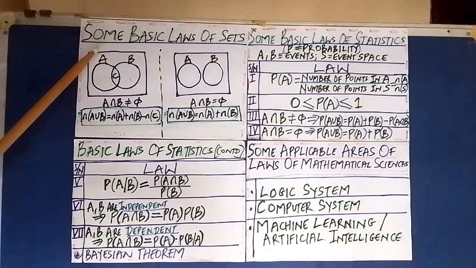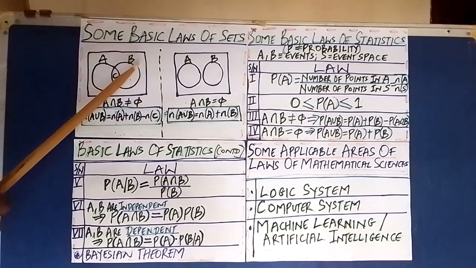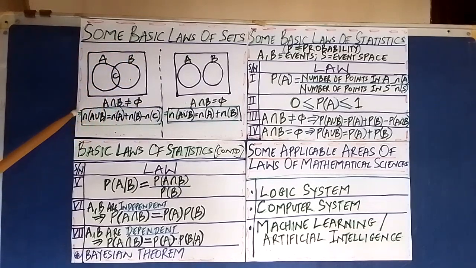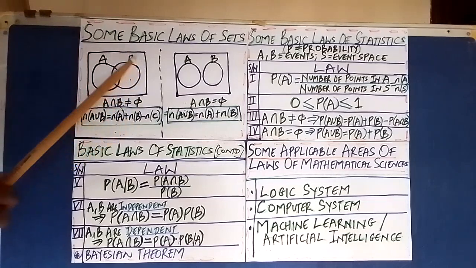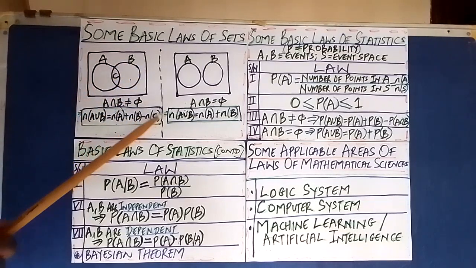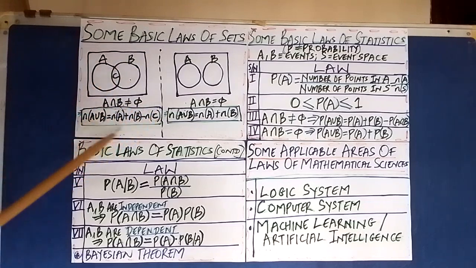So when it's not empty, we can talk about the law relating to the number of elements in this universe. So the number of elements, well, we can say A union B for simplicity's sake. So the number of elements in A union B is equal to, by formula, by law, the number of elements in A plus the number of elements in B minus the number of elements in C. This can actually be proved.